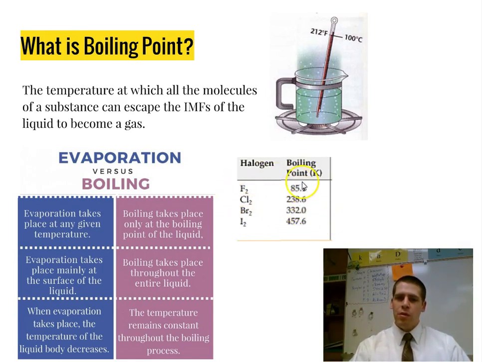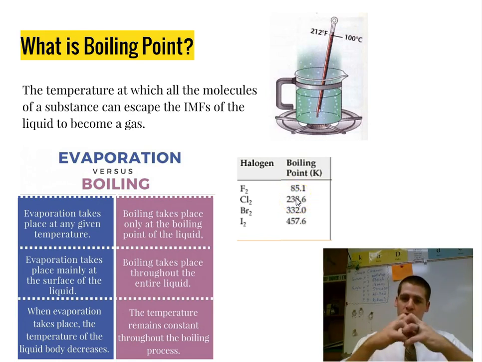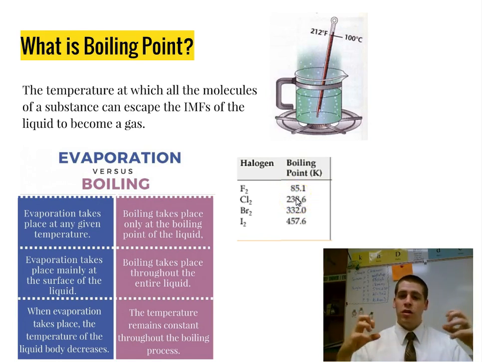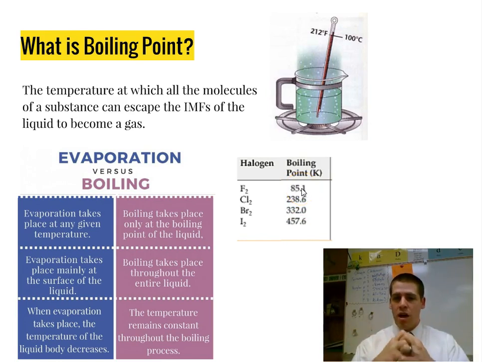These have different boiling points. One is at 85, the next one is at 238. What that means is that the chlorine molecules don't separate until they get to 238 degrees, which is relatively hot. This is actually in Kelvin, not Celsius, so that's a little bit different. But this boils at a much higher temperature than fluorine. Fluorine will separate at a relatively low temperature, meaning that they're not holding on to each other as strongly.